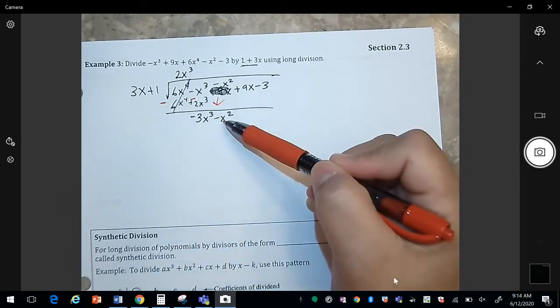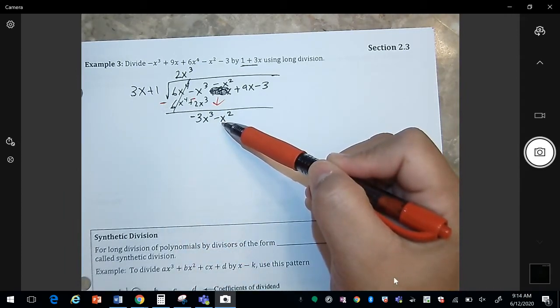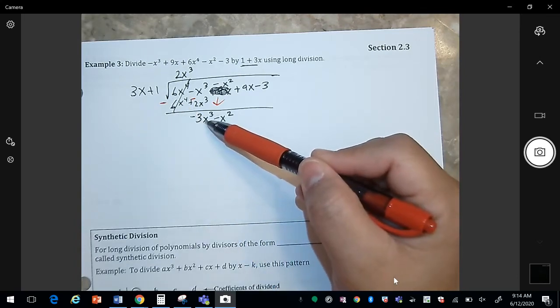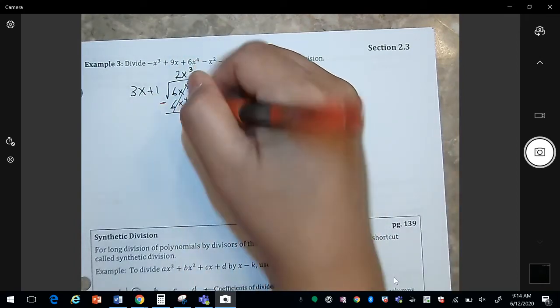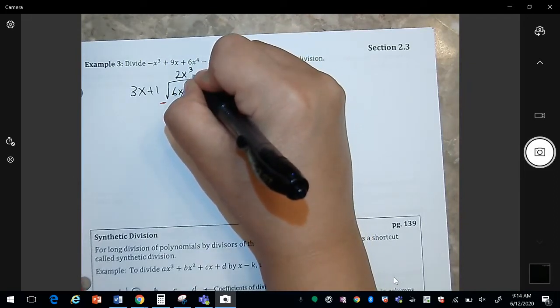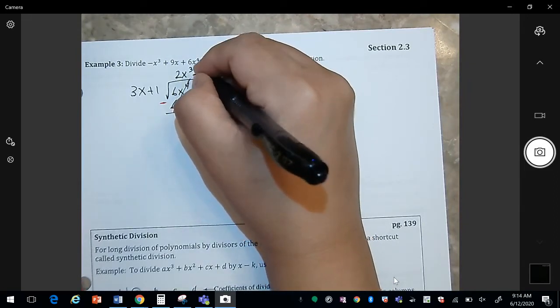So 3x goes into 3x cubed. That's going to be x squared.